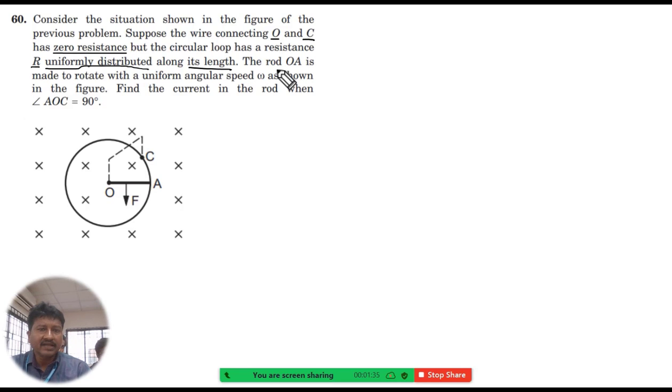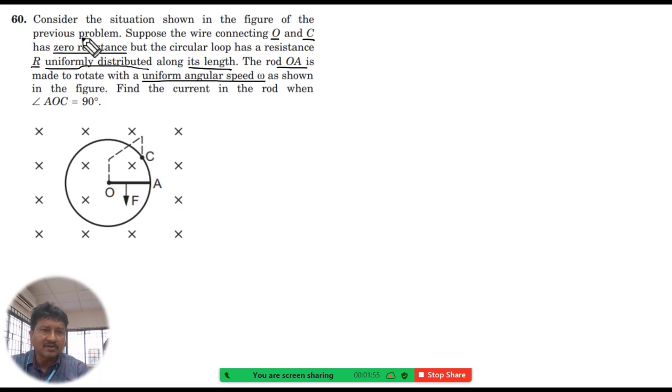The rod OA is made to rotate with a uniform angular speed omega. Find the current in the rod, how much current is flowing in the rod.